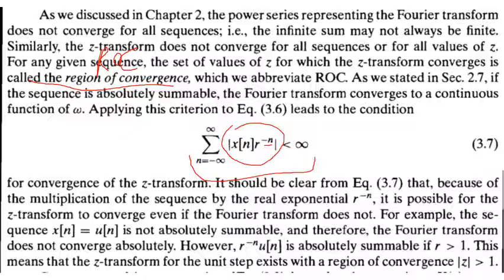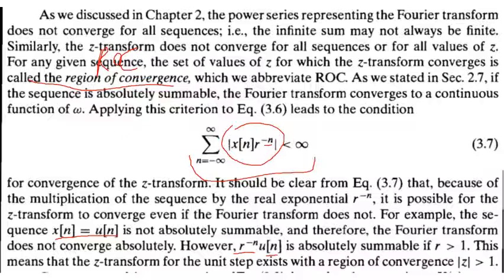For example, we have a sequence x of n equal to u of n. Now I cannot find the Fourier transform because this is not absolutely summable, and therefore the Fourier transform does not converge absolutely. However, if I have R raised to the power minus n times u of n, it is absolutely summable if R is greater than 1.